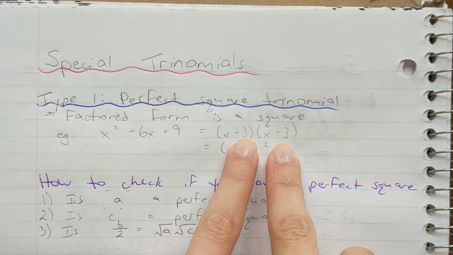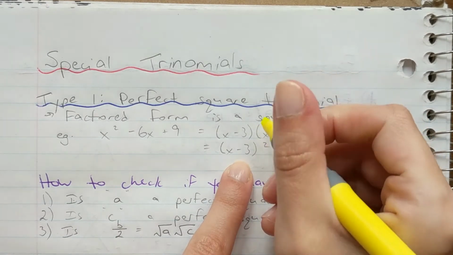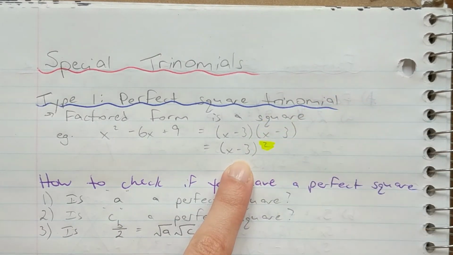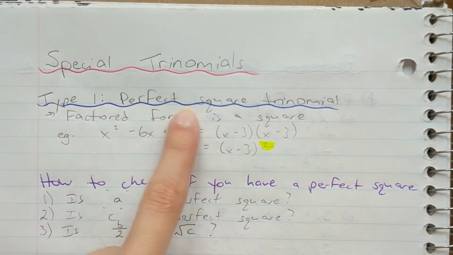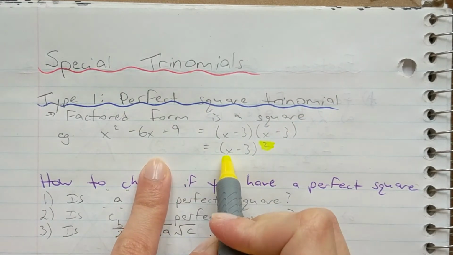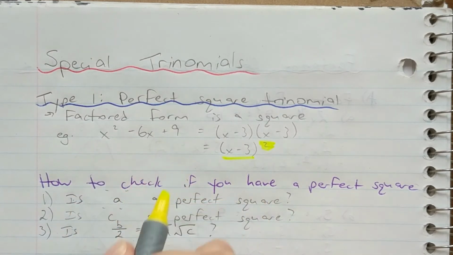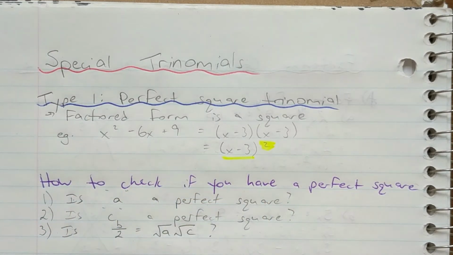Those two numbers were negative 3 and negative 3. And when you have something times itself, you can write it as a square, which is why I have squared it. That is where the name perfect square trinomial comes from, because we have something squared, and that is going to give us our final form.